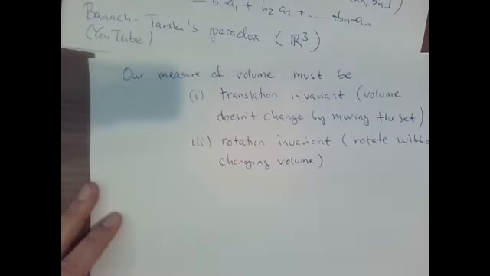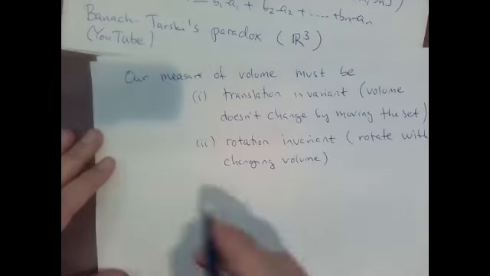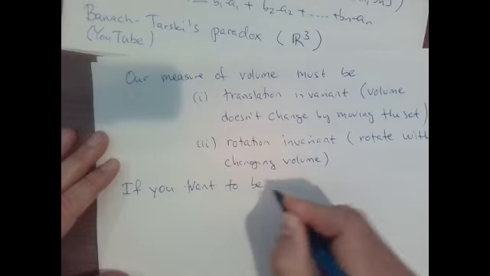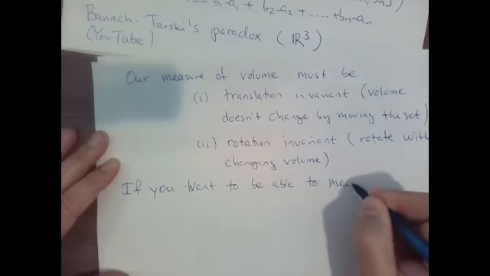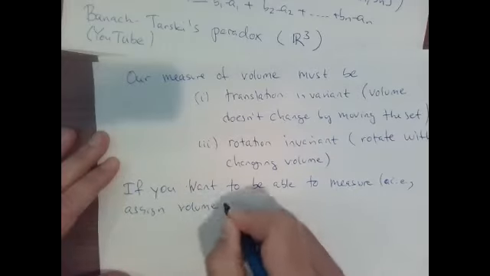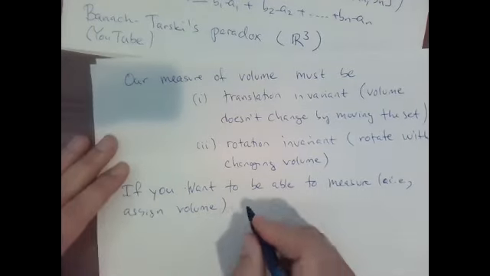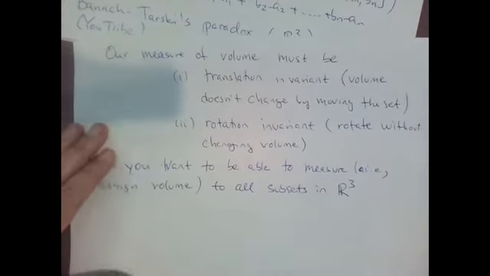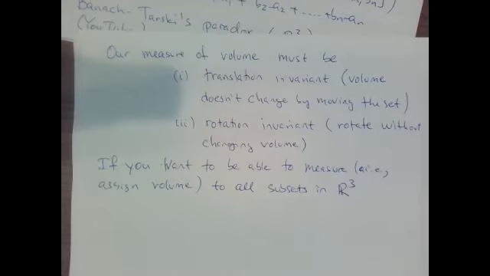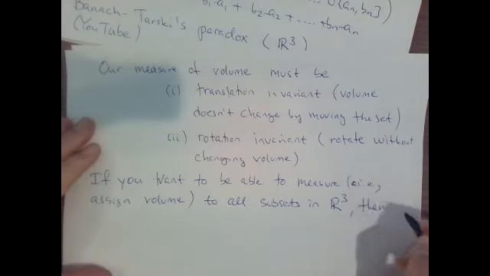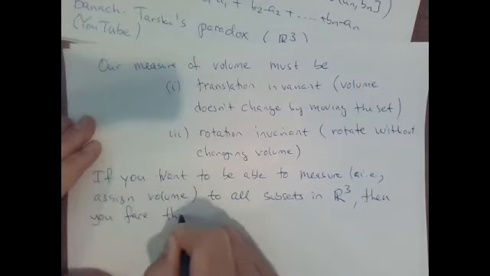So if the starting point is that you want to be able to measure, so here that means to assign volume, if you want to be able to measure, that is, grab an arbitrary set in R3 and assign a volume to it, and your notion of volume satisfies these two properties, then you face the paradox.